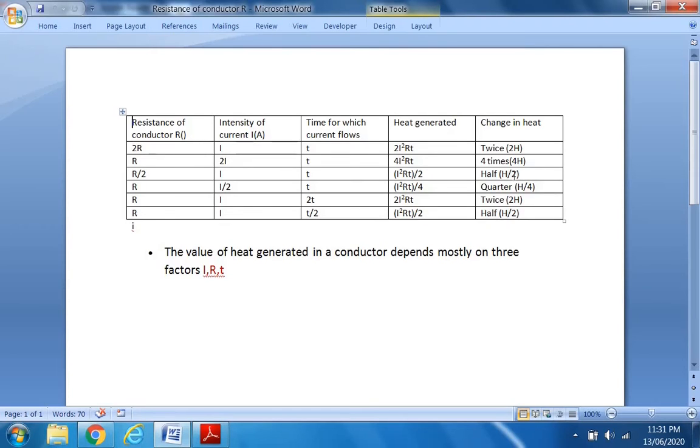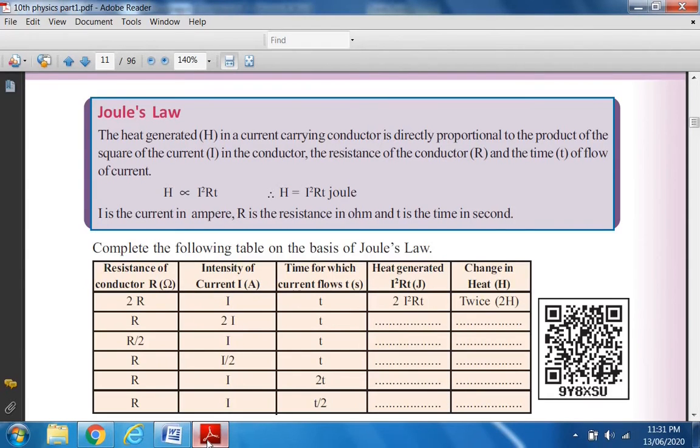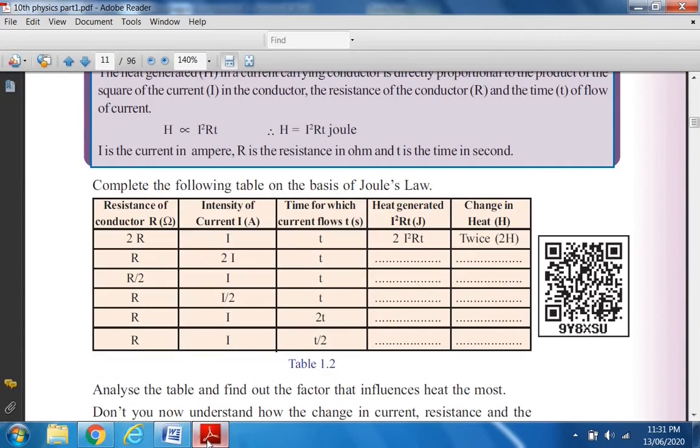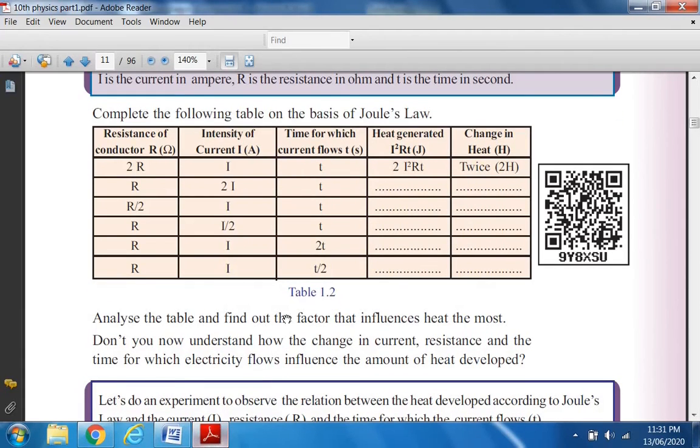Now let's see. Okay, so what next? Analyze the table and find out the factor that influences heat the most. It is current.